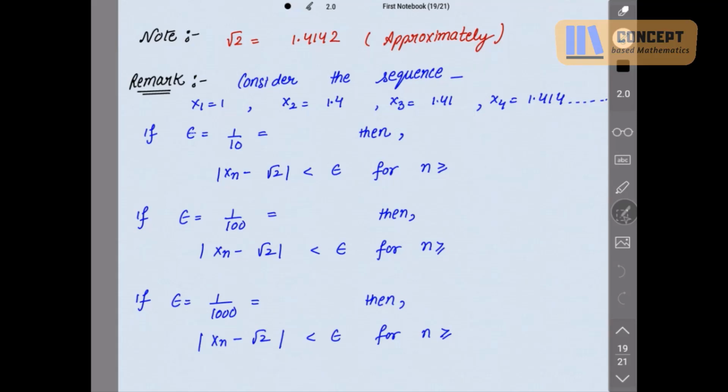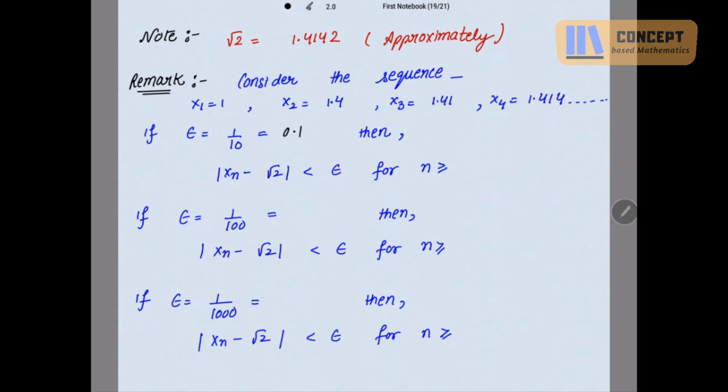If I take my epsilon to be 1 by 10, what is the value of 1 by 10 in decimal? This will be 0.1. Then the difference, the modulus of xn minus root 2, should be less than 0.1 for n greater than or equal to 2. Yes.